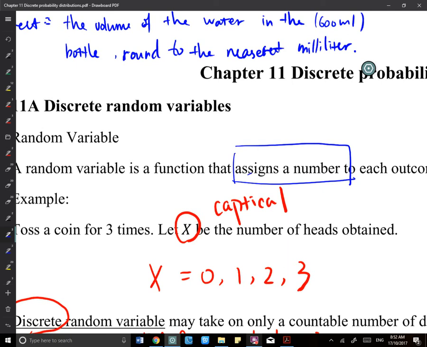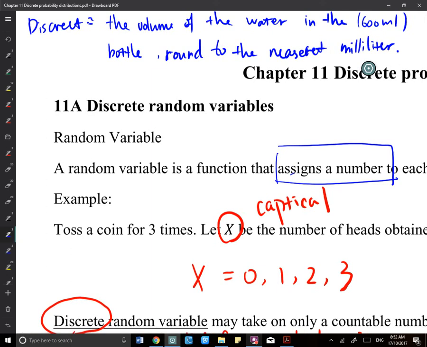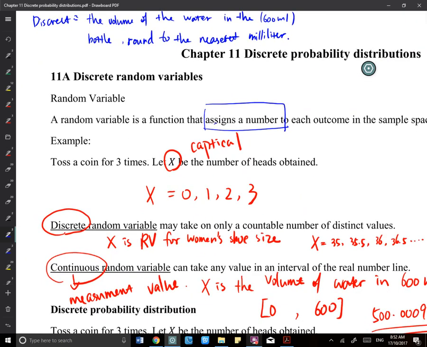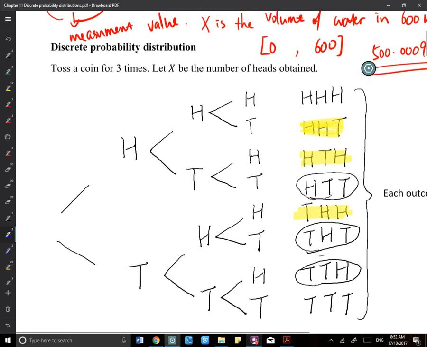I can name what I want to have: 0, 1, 2, 3 until 600. So this is a countable value, so this is discrete, although it's a measurement value. So it depends on the way they describe it. First of all, we just talk about what is discrete and what is continuous, and follow this example here.